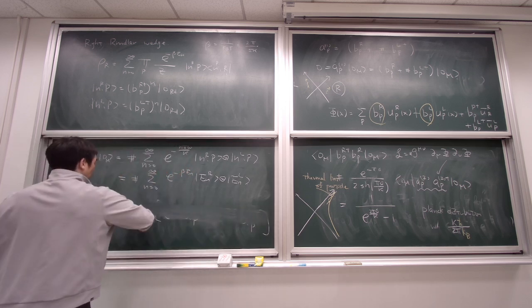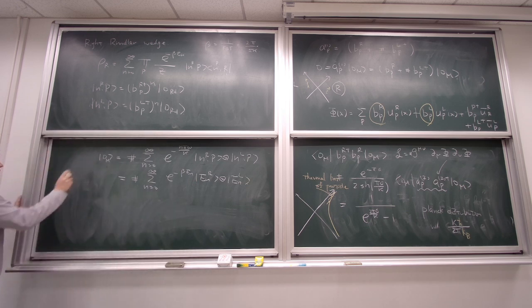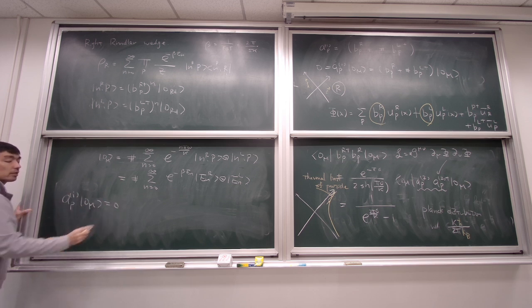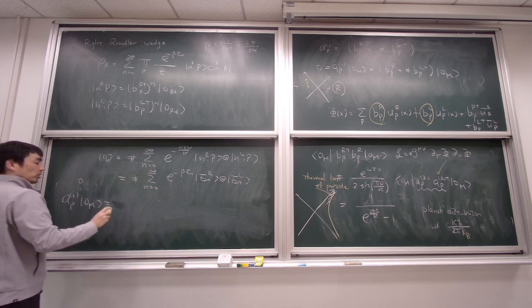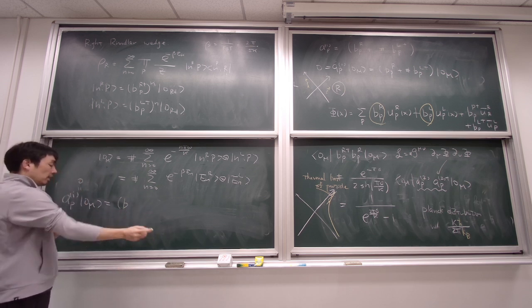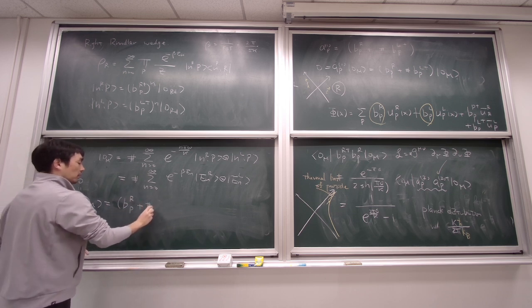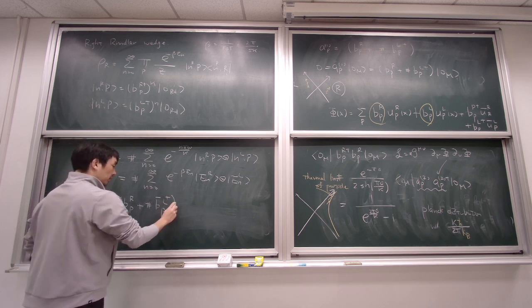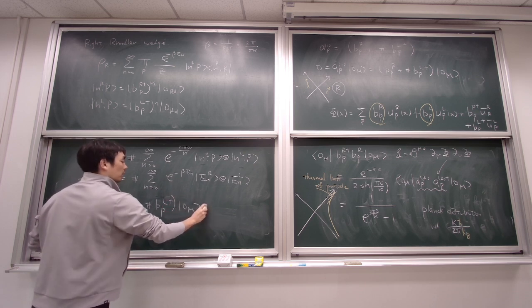As I mentioned, the Minkowski vacuum is defined by analysis like this way. And in fact, this can be written as either b_R(p) plus some number times b_L(p) dagger, like this way.